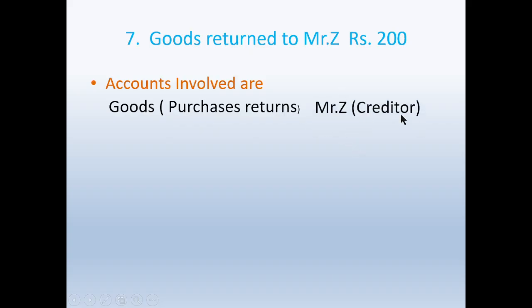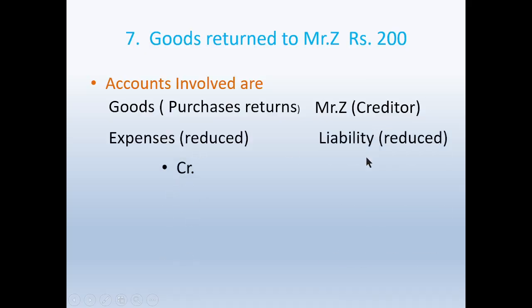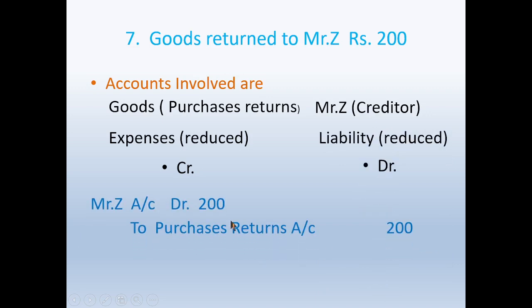Mr. Z. Goods purchase is an expense, so the opposite of expense, reduced, credit balance. Mr. Z liability was there but it is reduced, debit balance. So what is the journal entry? Mr. Z account debit to purchase returns account 200, being goods returned.